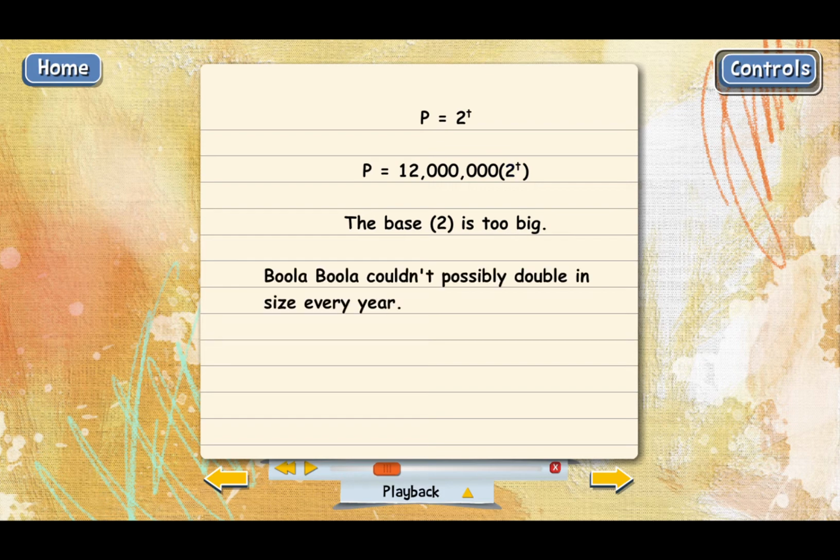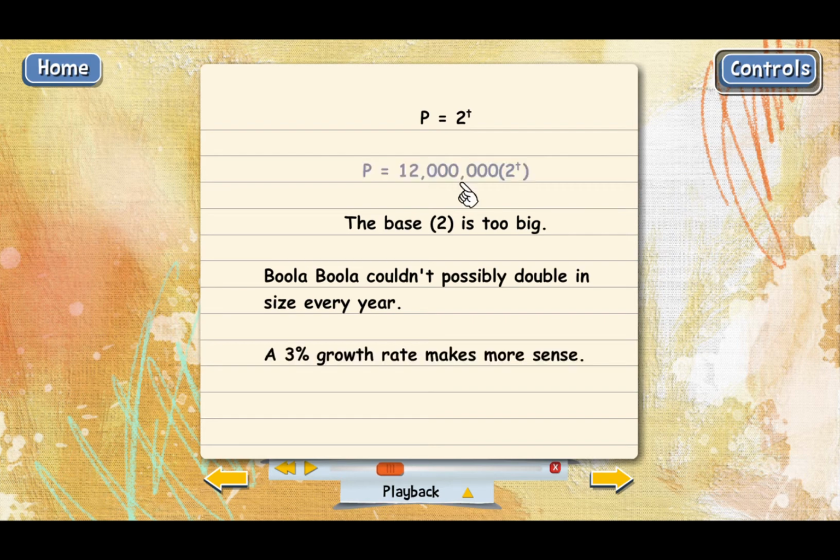In the very next year after 2007, 2008 would be t equals 1, and then the population would go up to 24 million, because you would have 2 times 12 million, which is 24 million. So that's way too fast for the growth of a country. A more typical growth rate for a country would be maybe something like 3% growth per year.